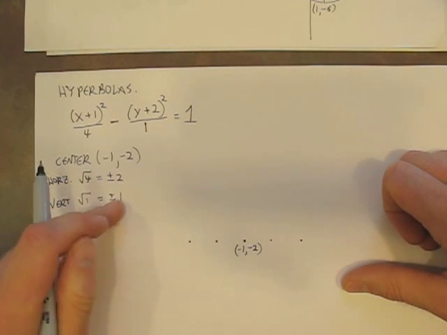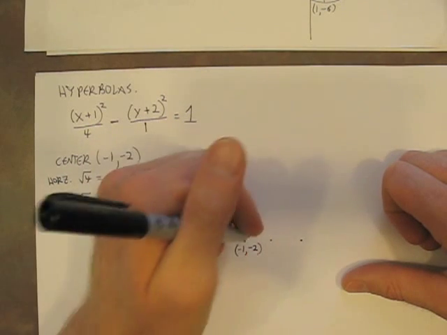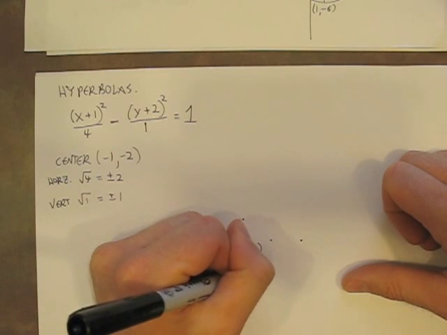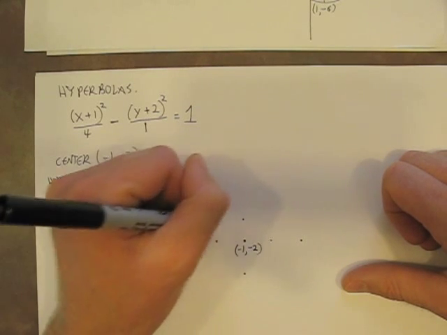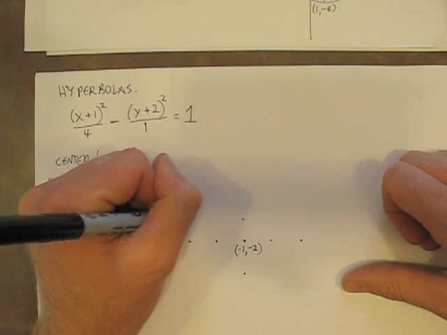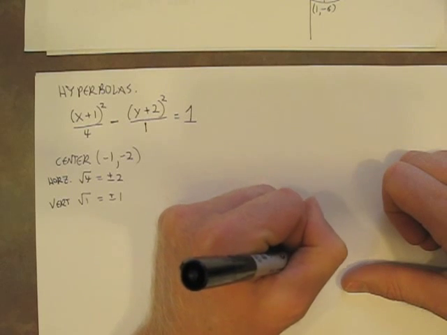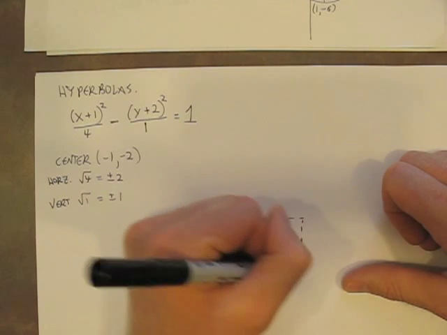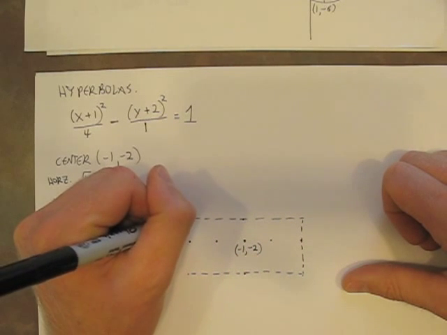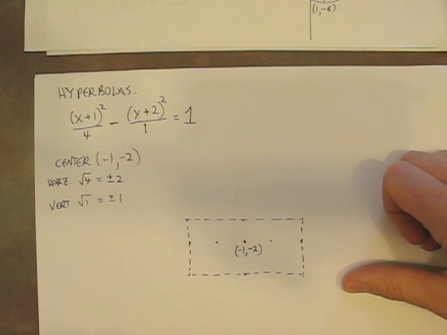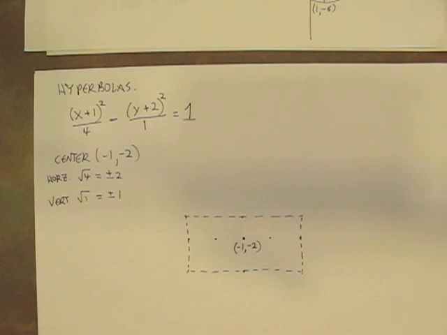And it's going to go vertically plus or minus 1. So if that's boom, boom, like that, and like that. So there I'm going to get a box. So I've started with the center of my hyperbola, and then I've made a box.